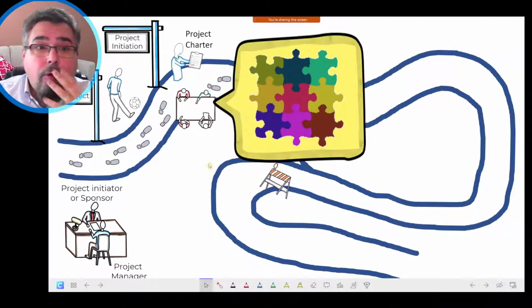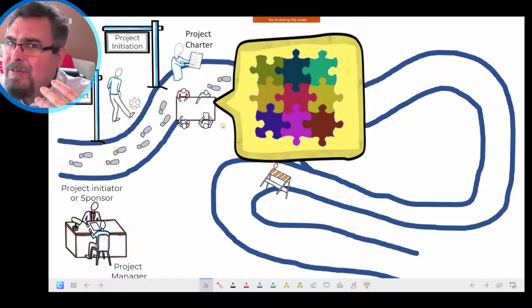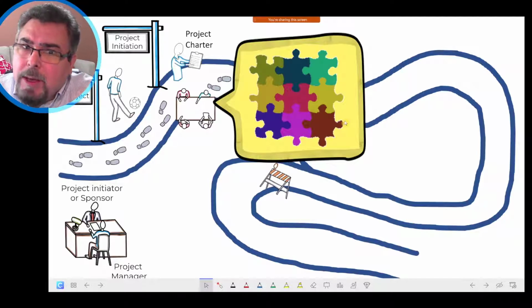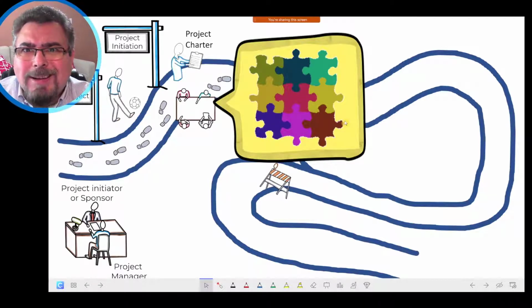Once we go to project initiation and start writing down the customer requirements, we can have a better understanding of the project. It's not completely clear, but during the initiation, when you write down and approve the requirements with the client, we have a very good idea.